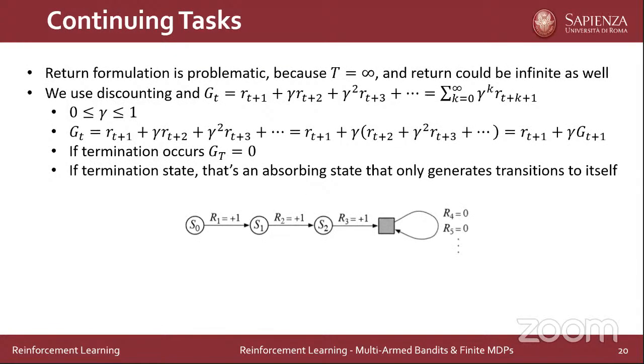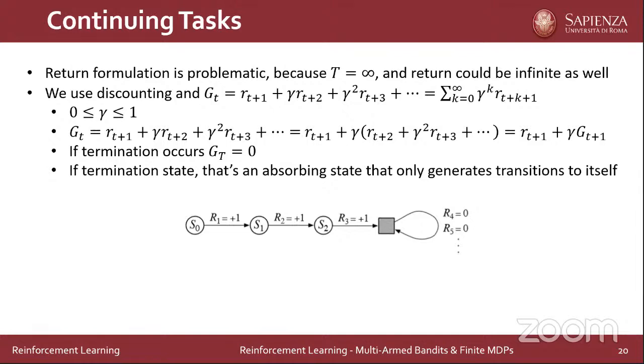In order to deal with this, you typically introduce a gamma value, which is called a discount factor. This value is between 0 and 1, and it's basically telling the agent whether it has to be short-sighted or not. So if gamma is 1, then you're taking all the rewards and considering all of them the same for the agent.